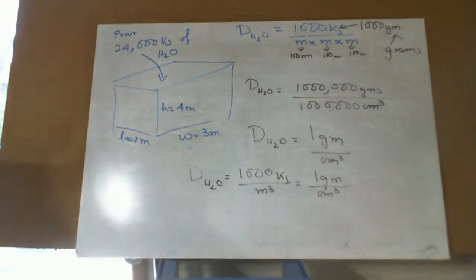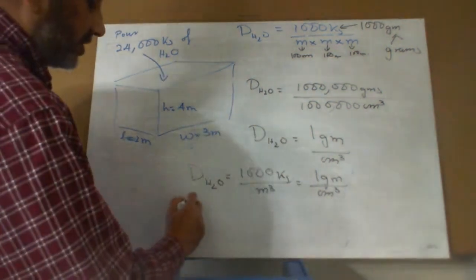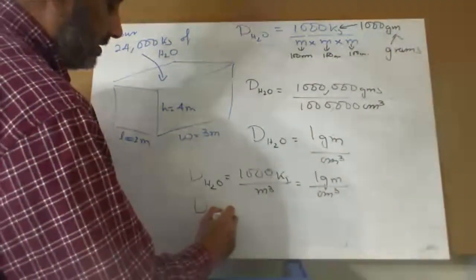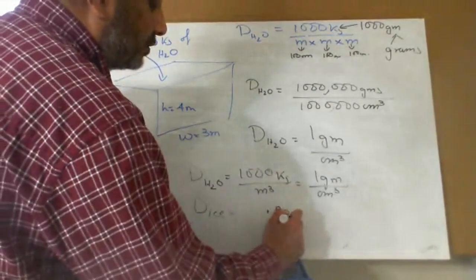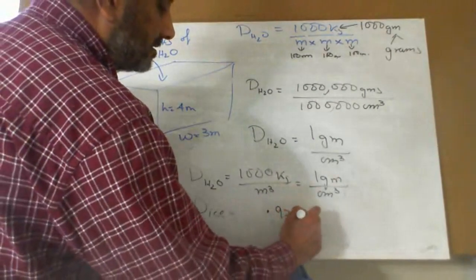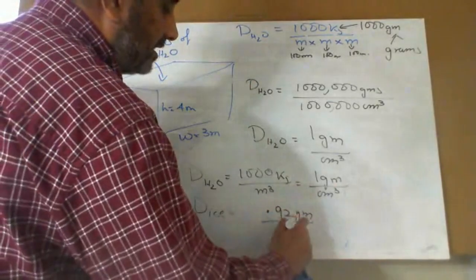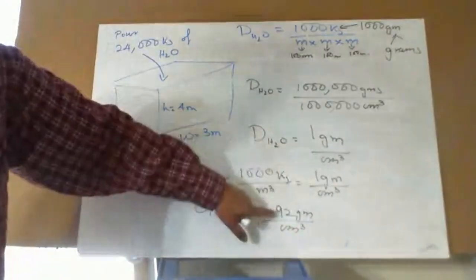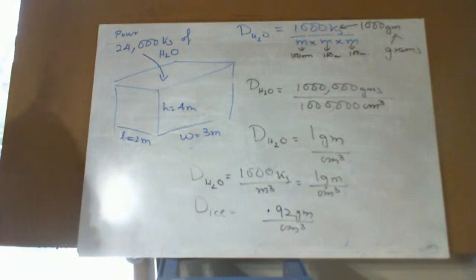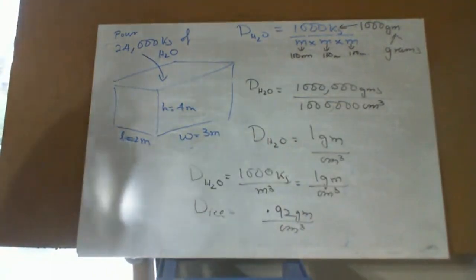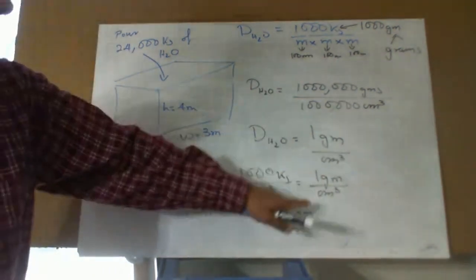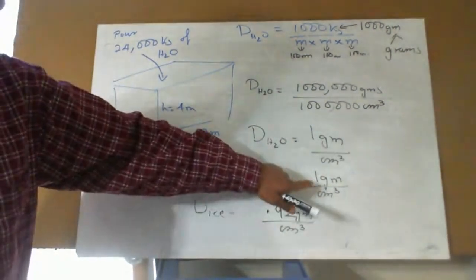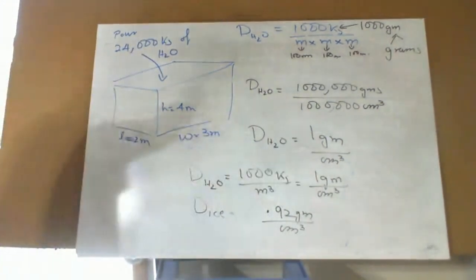For example, they have the density of ice, which is solid water, it is 0.92 grams per cubic centimeter. It's less than 1. That's why ice floats in water, because the density of ice is less than water, which is 1. This is 0.92, and that is 1.